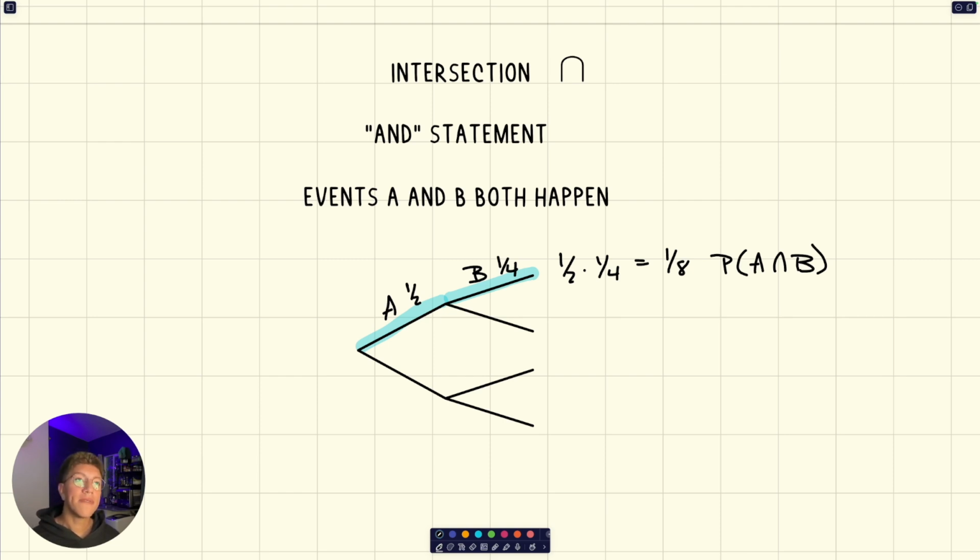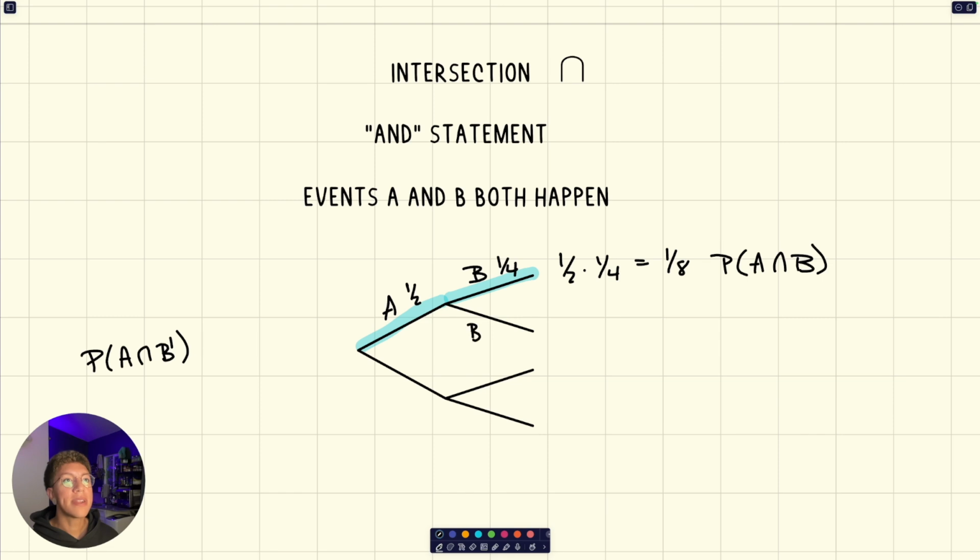Like we saw before, there are 4 separate cases where our complement probability and our intersection come together. So what does the probability of A intersection B not look like? Where in our diagram does A happen but B doesn't happen together? We follow the tree diagram through.